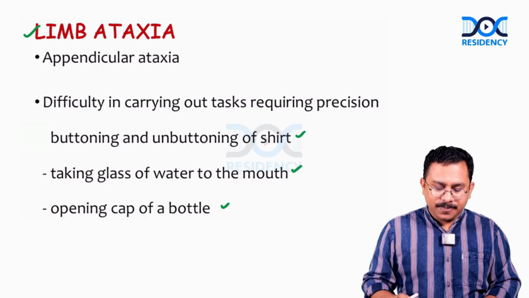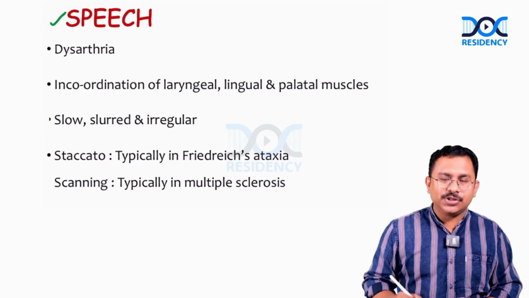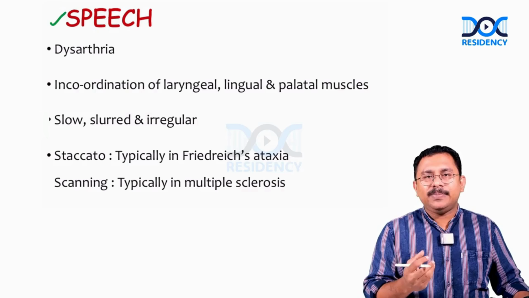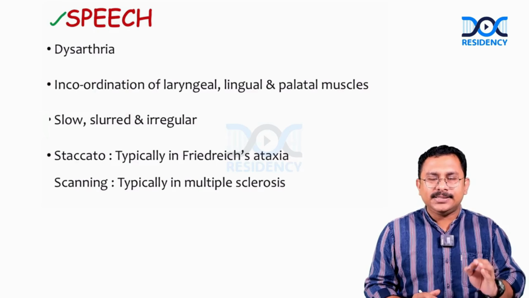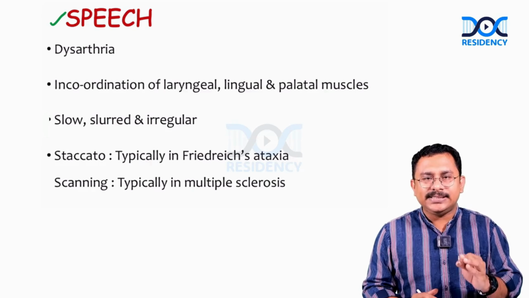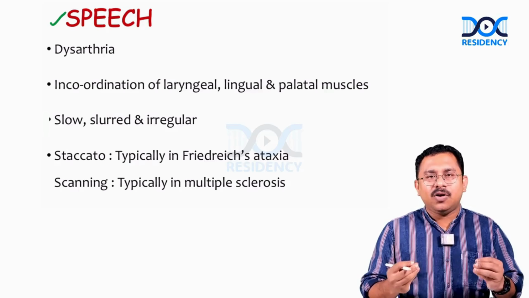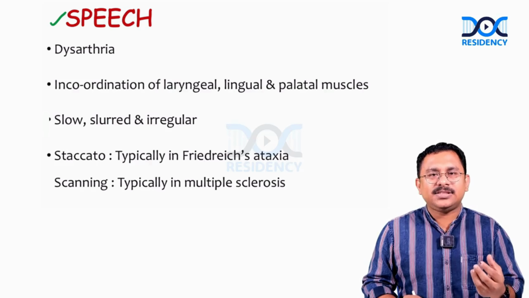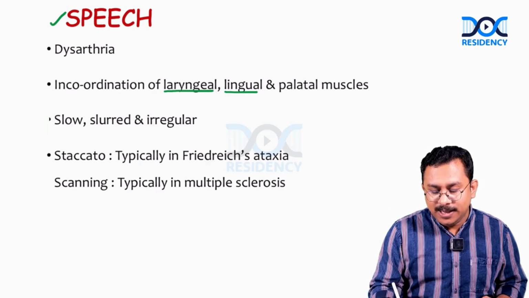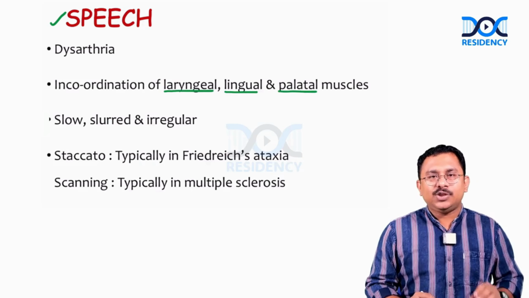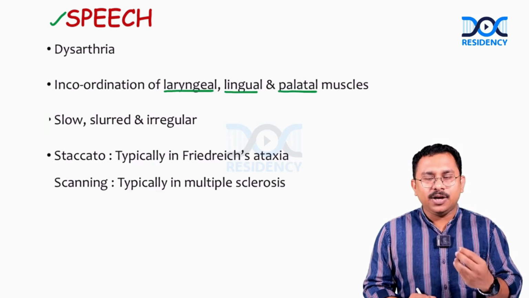Moving to the next feature, it is speech. Can cerebellar lesions cause any sort of speech affection? Answer is yes. It can cause dysarthria. The reason for the dysarthria is the incoordination of the various muscles of phonation, like the laryngeal, lingual and palatal muscles, which will cause the speech to be slow, slurred and irregular.